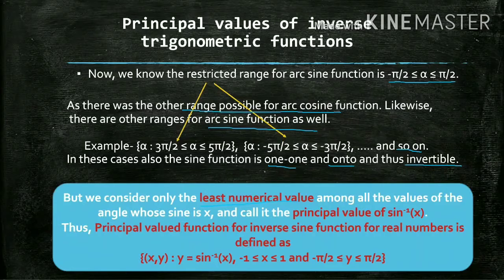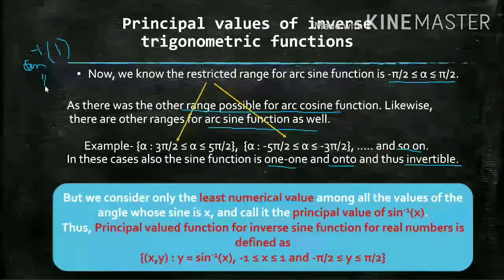Basically the principal value of any trigonometric function, for example sine inverse, would be the least numerical value among all the values of the angle whose sine is x. Suppose I have to find the value of sine inverse 1.